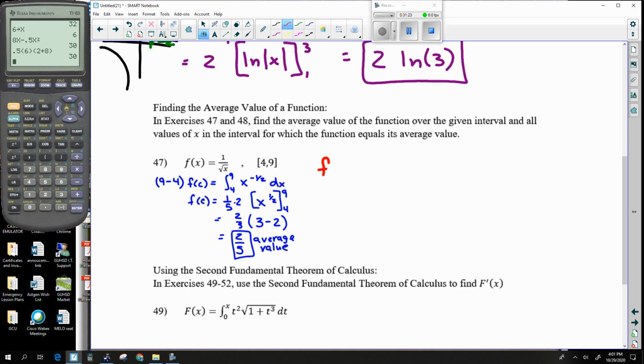So we are in essence finding the function. Where is that equal to this average value? So we cross multiply. And then square.